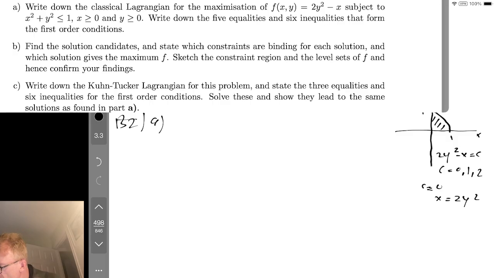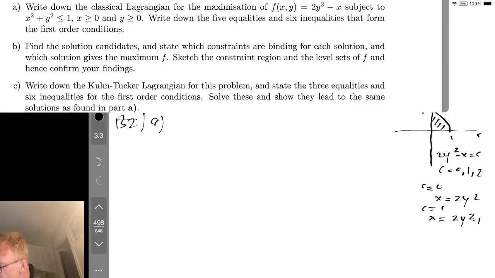And for C is 1, you get x is 2y squared minus 1. Well, maybe you need C is minus 1, but we'll see. You have to make a couple of sketches.